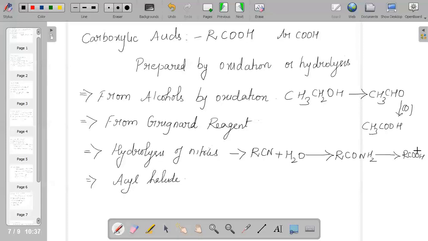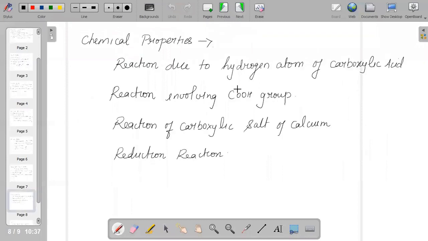For example, propionitrile will give an amide and then propanoic acid. We can also prepare carboxylic acid using the well-known Grignard reagent method. There are different methods of preparing carboxylic acid.